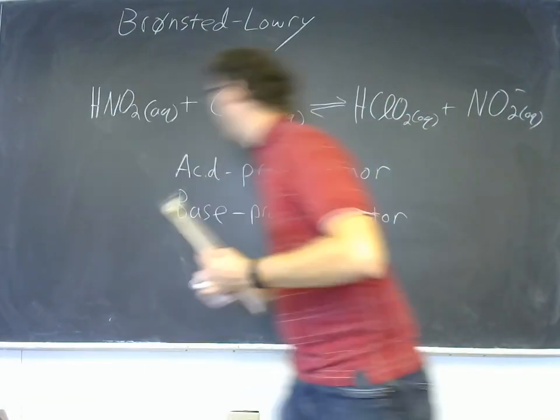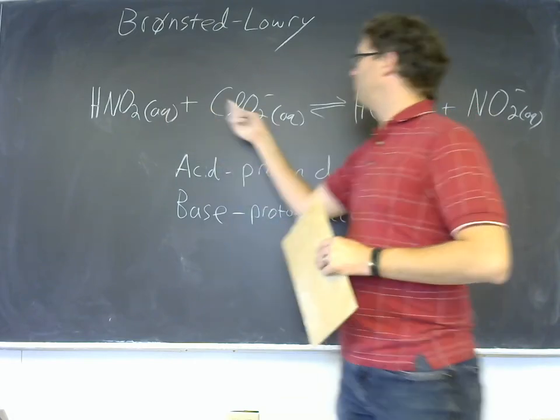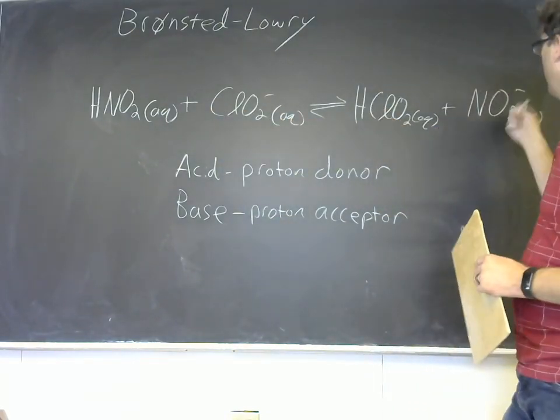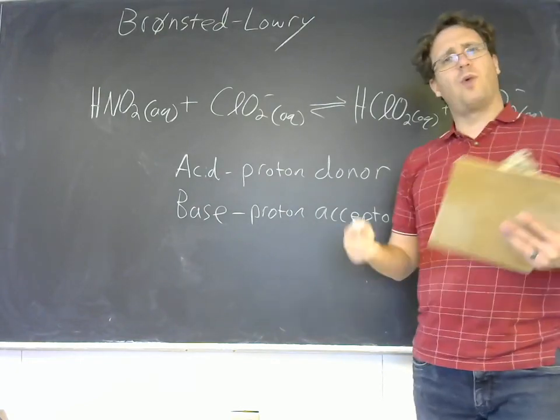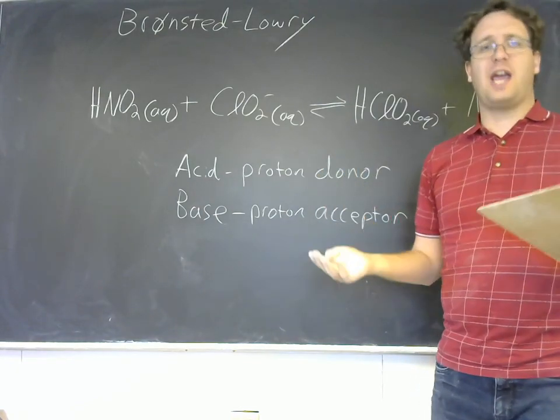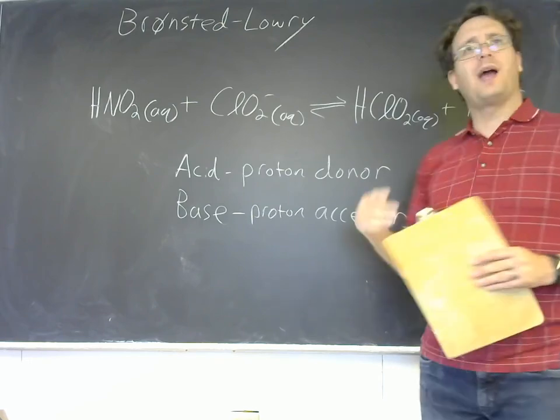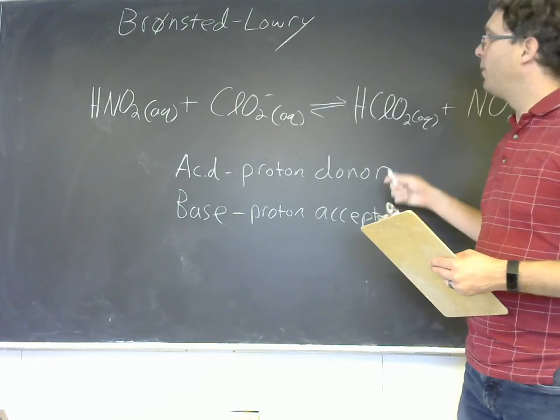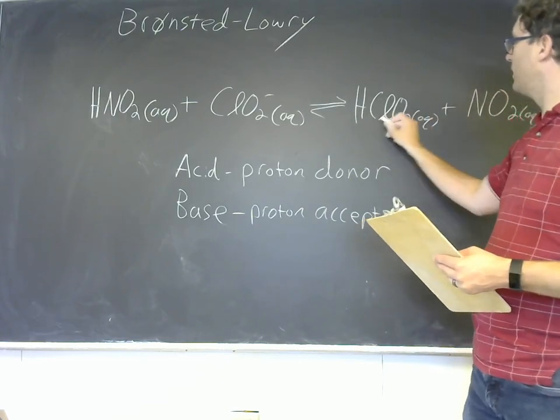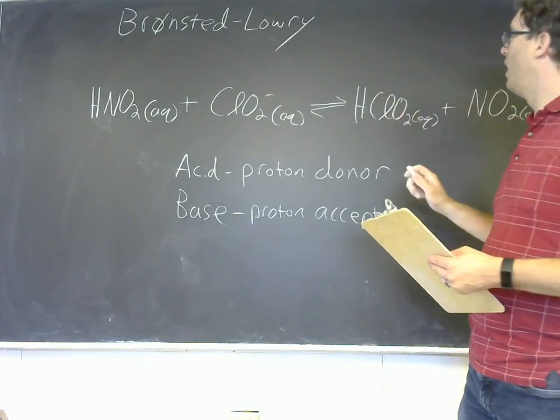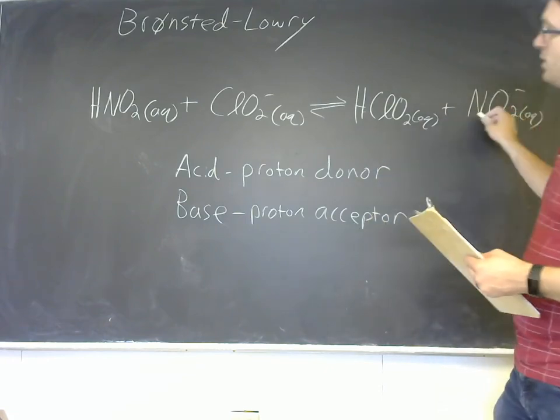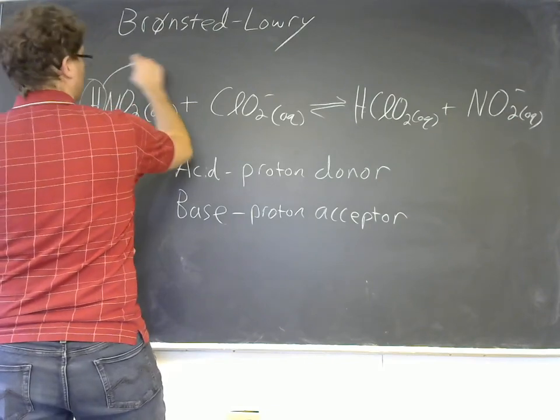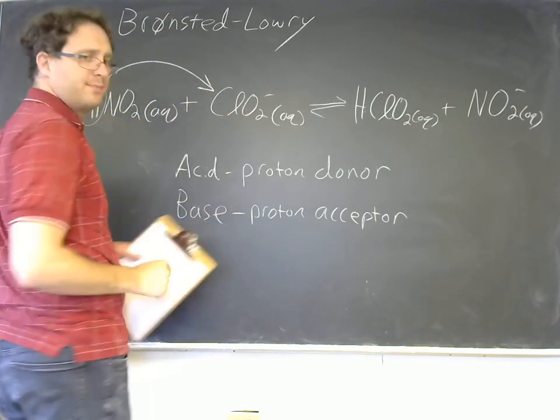Okay. Let's look at the reaction that we opened with here. HNO2 plus ClO2 minus in equilibrium with HClO2 and NO2 minus. So where has there been an exchange of a proton? Where has one chemical donated a proton and the other one accepted it? Well, we see here that the ClO2 minus has gained a proton and that the HNO2 has lost a proton. I could diagram this reaction as being something like that.